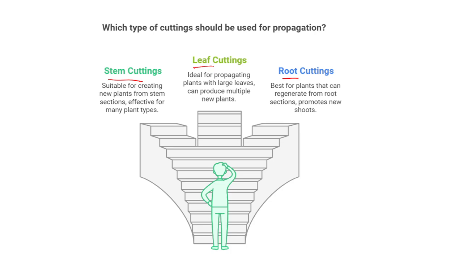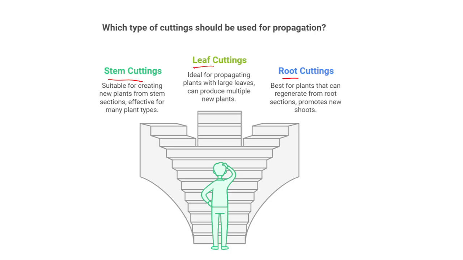Stem cutting is a more suitable and popular technique in asexual reproduction, where we cut a parent stem and put it in soil, and after some time we get a new plant that is genetically identical to the parent plant.